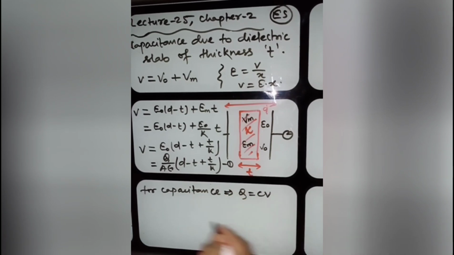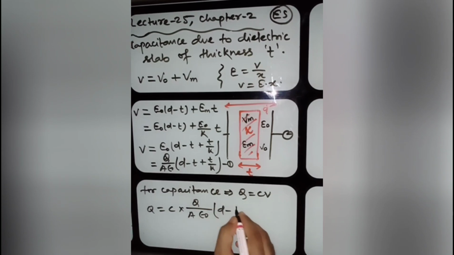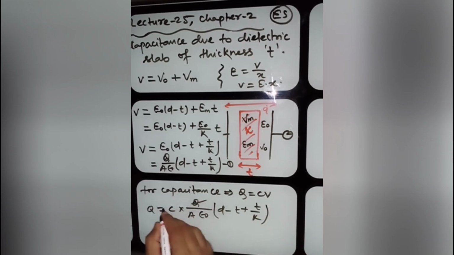So Q equals C, and V is Q by A epsilon naught times D minus T plus T by K, from this equation. So C is epsilon naught A by D minus T plus T by K.